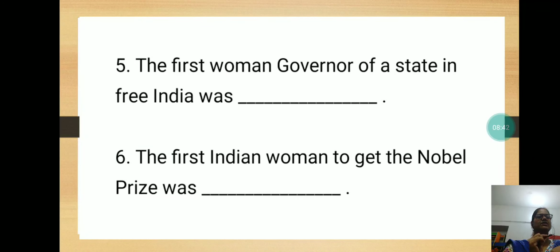Now next comes the first India-born woman to go into space, and she is Kalpana Chawla. First woman chief minister of an Indian state, and she was Sucheta Kriplani.